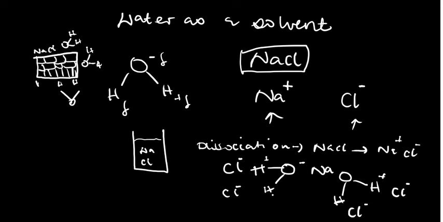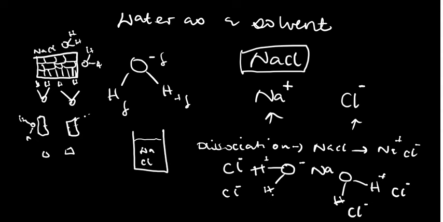So because of this, they'll break it down in such a way that it's going to crumble. So this part is going to be attracted to water and the other part is going to be attracted to water, until finally the pieces are actually separated. So they make this lattice decrease.